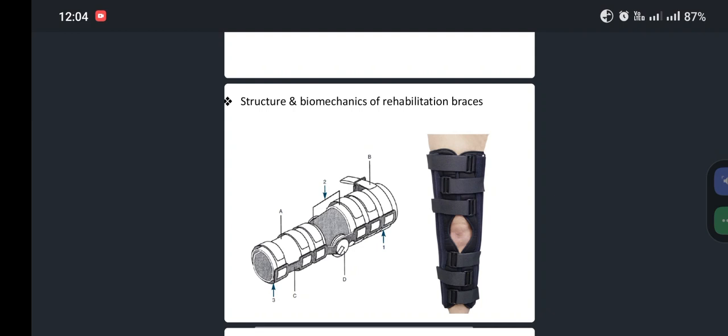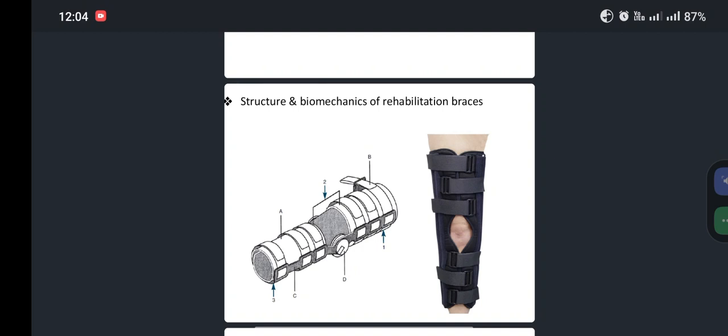So we'll now discuss the biomechanics of the rehabilitation brace. As we have discussed the structure of the rehabilitation brace, we'll continue with its biomechanics. The force system of this orthosis applies a pair of anteriorly directed forces at the proximal posterior thigh, which is denoted by number 1, and the distal posterior calf, which is denoted by number 3, against a posteriorly directed force, which is denoted by number 2, applied on either side of the patella according to Jordan's principle of the orthosis.